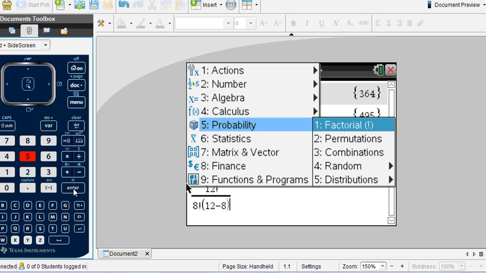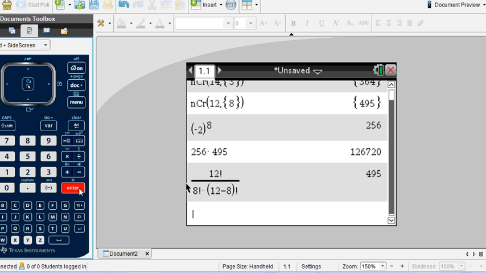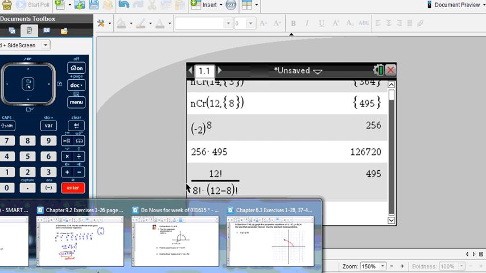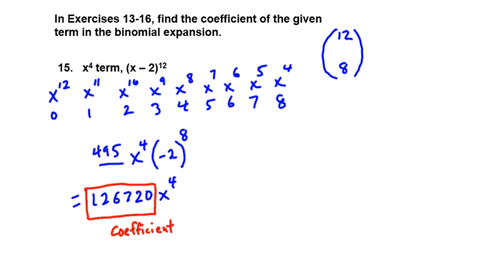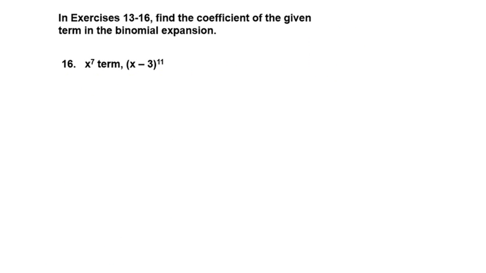Menu 5, 1, press enter, you get 495. So binomial theorem using the factorials. Okay, so that is our answer, confirmed another way.